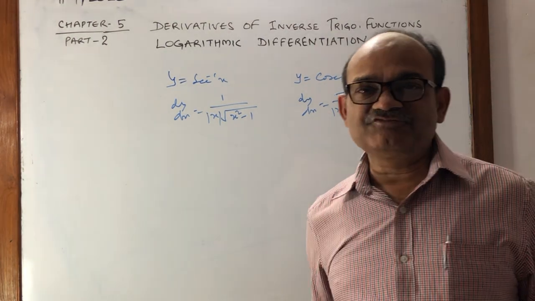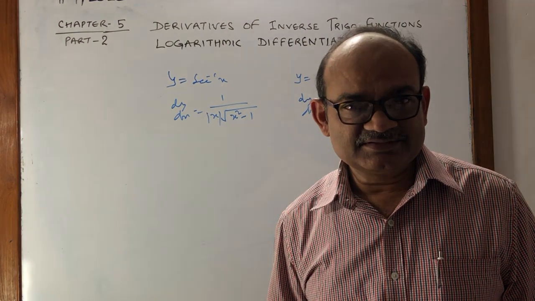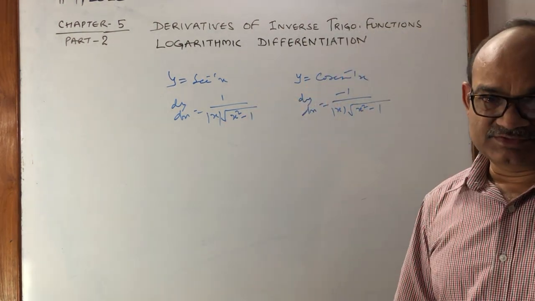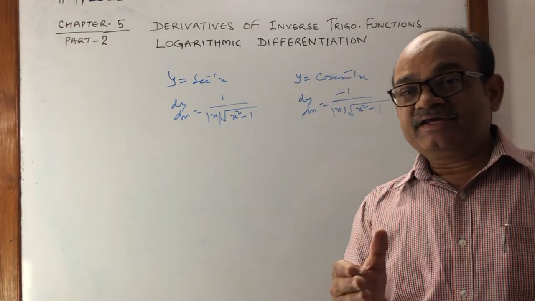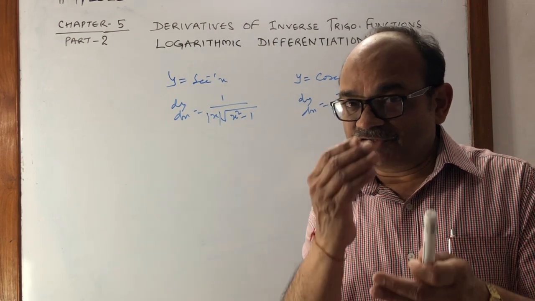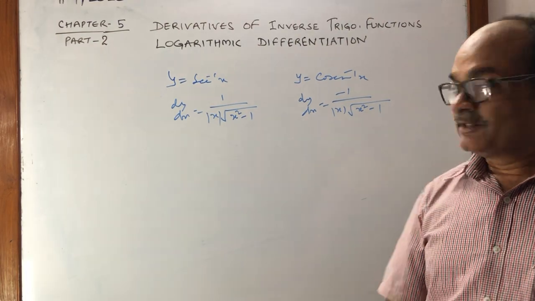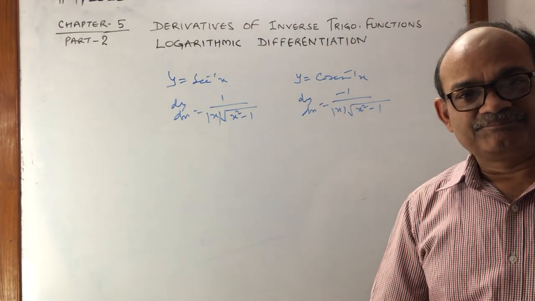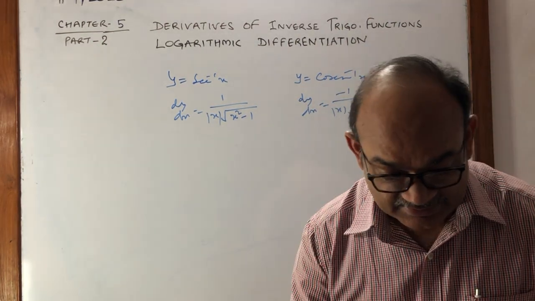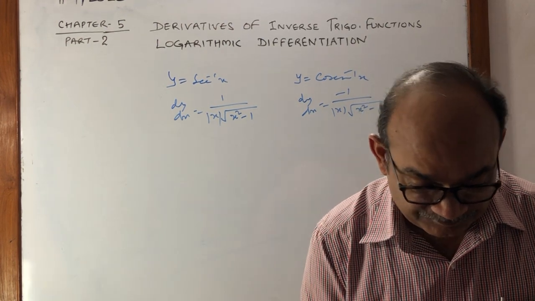So these are the 6 inverse trigonometric functions and their derivatives. Now, applying class 12th chapter number 2 knowledge of inverse trigonometry, we can calculate derivatives using these 6 formulae. So first we start from exercise number 5.3.